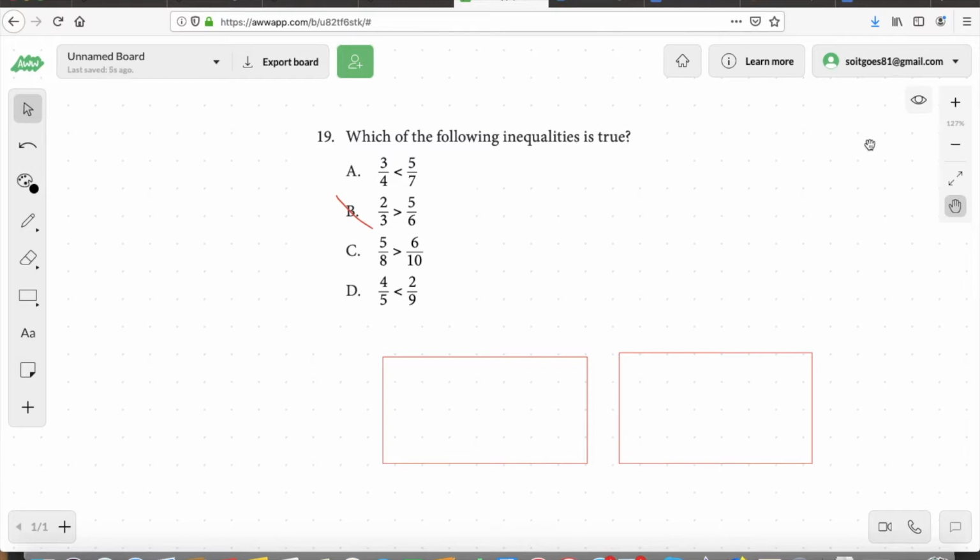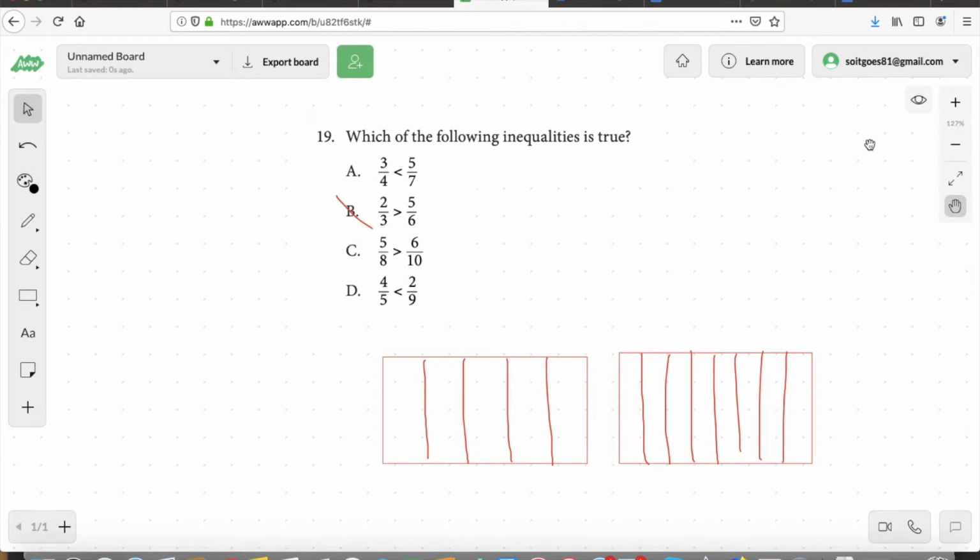I'll split it into 5 parts: 1, 2, 3, 4, 5. And then 2/9. It's going to be tricky, but we'll get it. 1, 2, 3, 4, 5, 6, 7, 8. Let's make it there. That'll work. Then go ahead and shade in that 4/5.